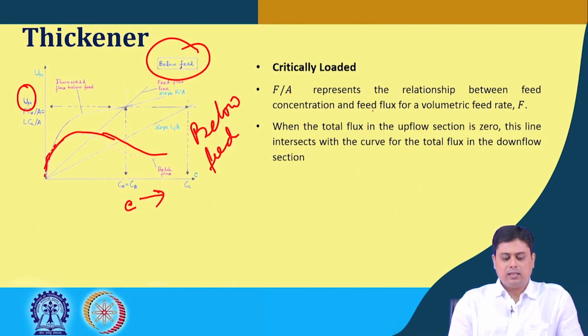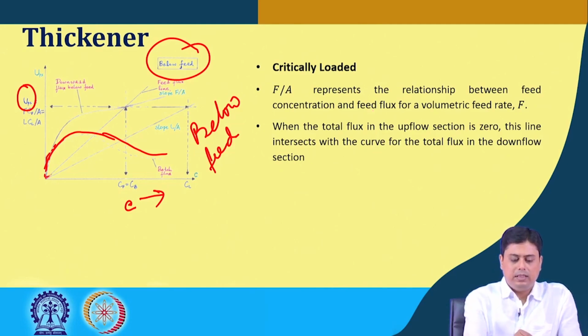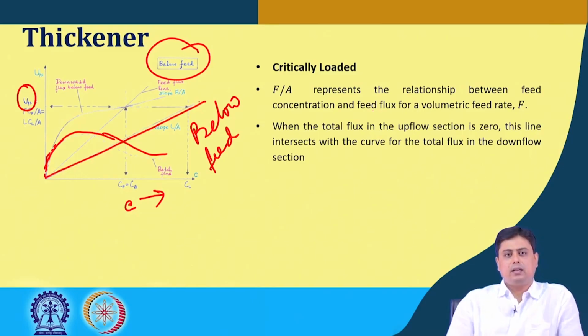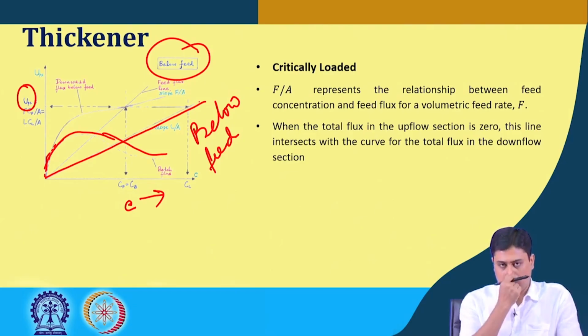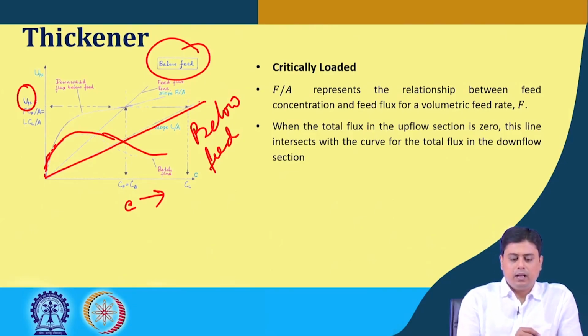So, in this case, this line is having a slope of L by A with the underflow, and this is the F by A slope starting from this 0 point.